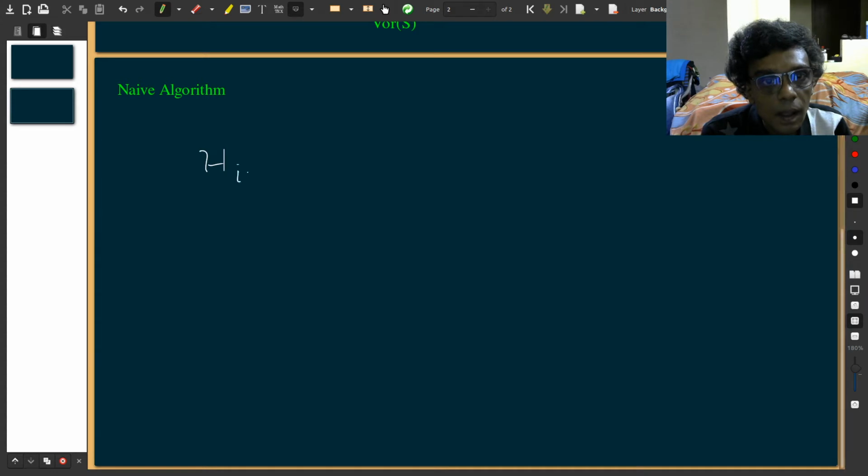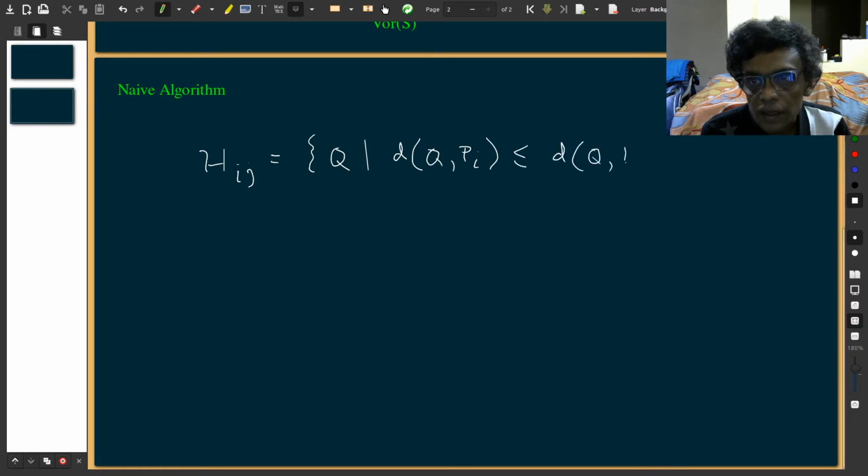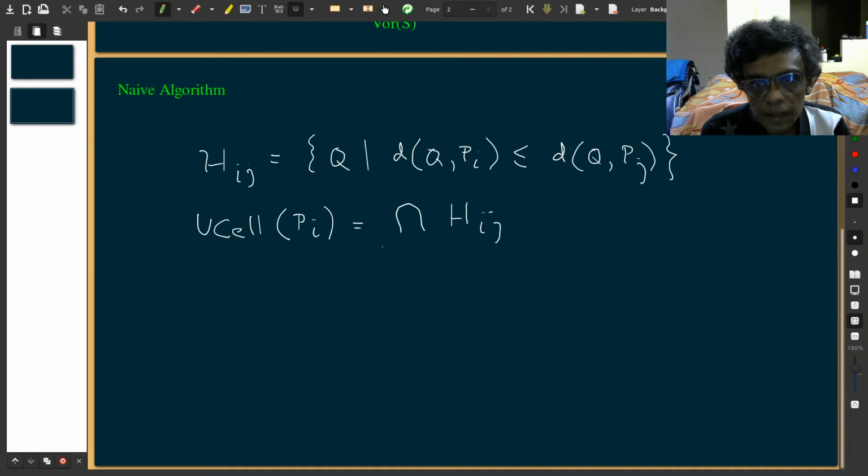Hij is the set of all points Q such that the distance of Q from Pi is less than or equal to the distance of Q from Pj. And the Voronoi cell for i, or Pi, is nothing but the intersection of all Hij, j not equal to i.